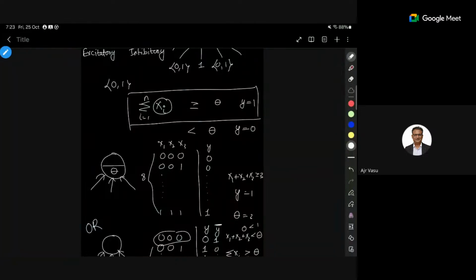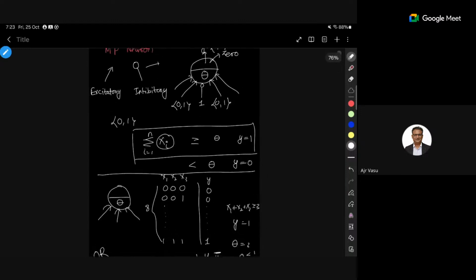Can I make it less than theta? If it's less than theta, y is equal to 1. Is that allowed? No. For less than, it is y equal to 0, right? No, I'm saying if I can redefine that as: if x1 plus x2 plus x3 is less than theta, then y is equal to 1, and if it is greater than theta, it is 0. Then I don't need the inhibitory variables. But that is not the MP neuron.